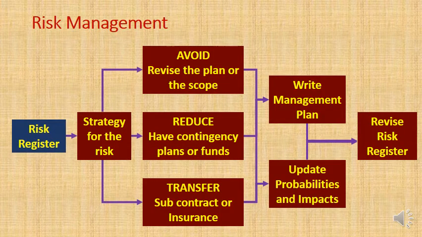So with risk management, we've already come up with the risk register. We've looked at that flow chart that was in blue for risk assessment. Now we're going into risk management. So we have the risk register, and we now need to make a strategy for each risk on how we're going to manage it. And so one way is we can avoid the risk. So how do we avoid the risk, let's say, that shrinkage cracks will occur?